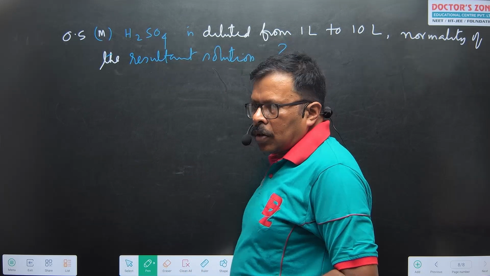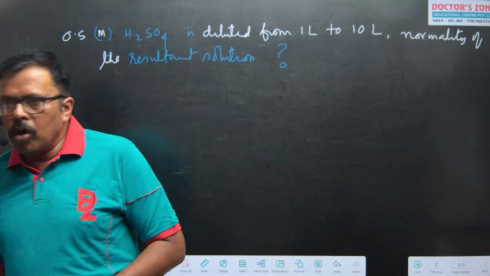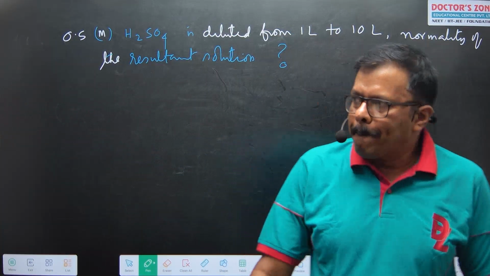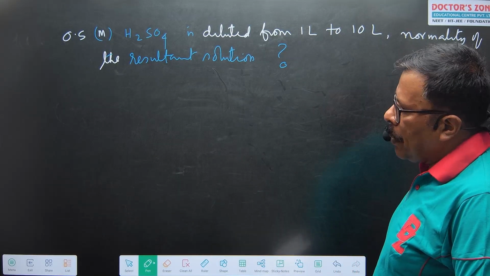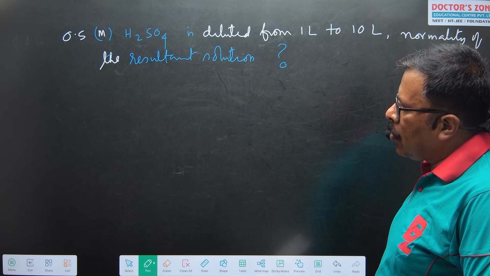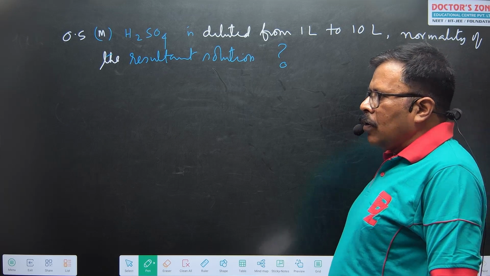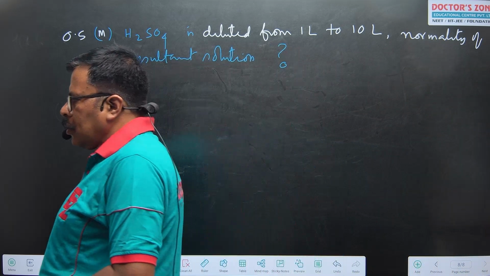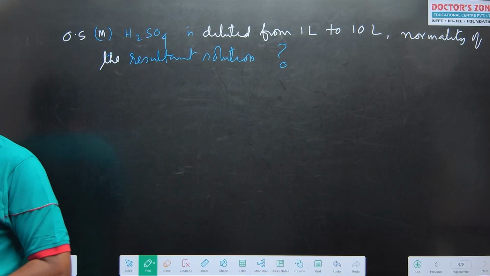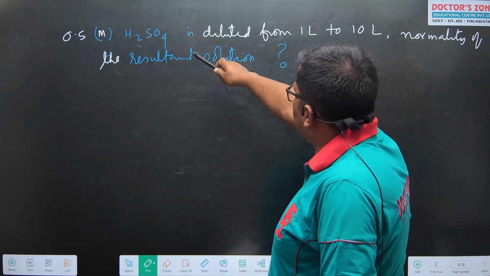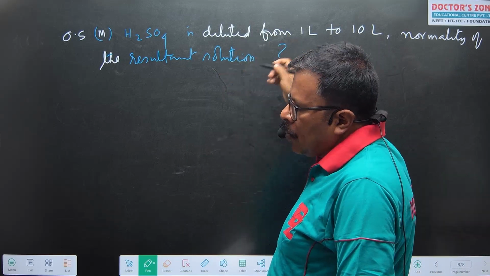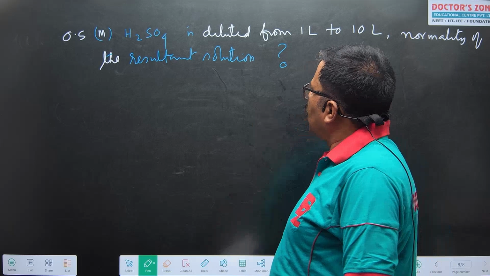We have to find the normality of the resultant solution. Now you know the normality of sulfuric acid solution will be twice the molarity of sulfuric acid solution. So if we find its molarity after dilution, then we can easily get the normality.